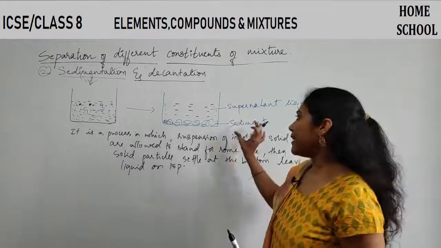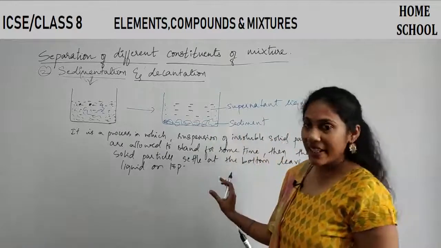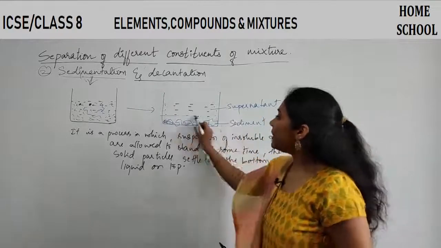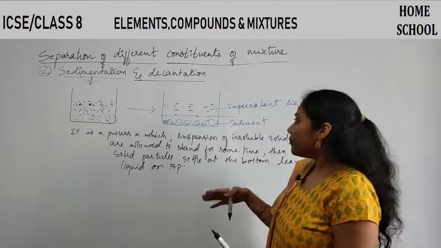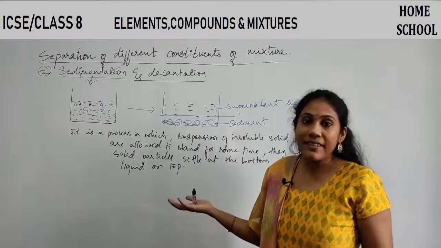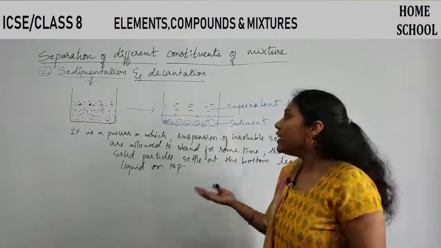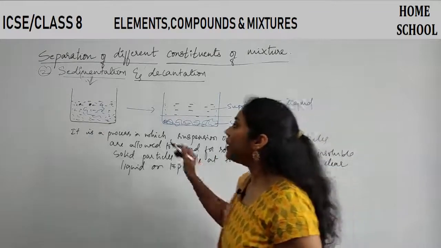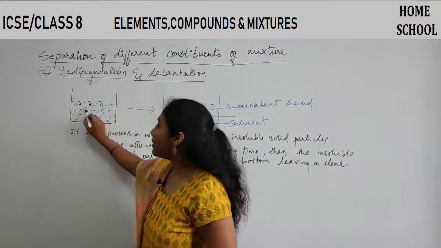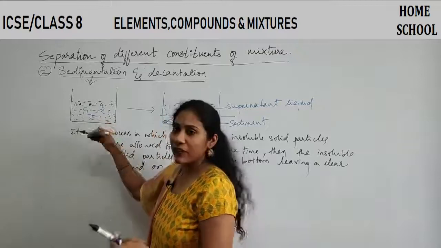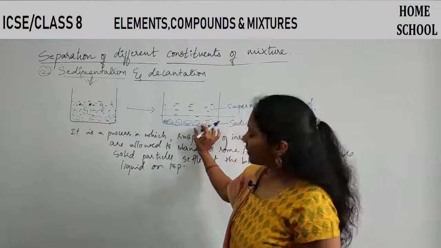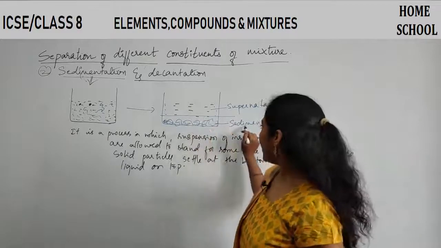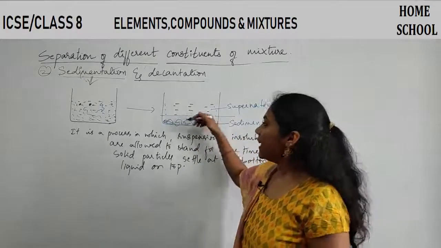So once the sedimentation is over, next we have to separate this supernatant liquid from sediment. Then we get the different components separated. Yes or no? See, our main aim is what? Whatever sand, dirt, mud is there in this water, we have to separate. So what we have done, we kept it for some time. Everything came down and settled, that we call sediment, and the pure water we have to separate.